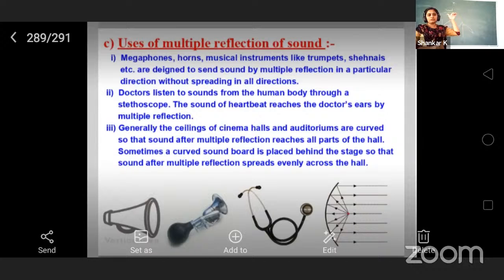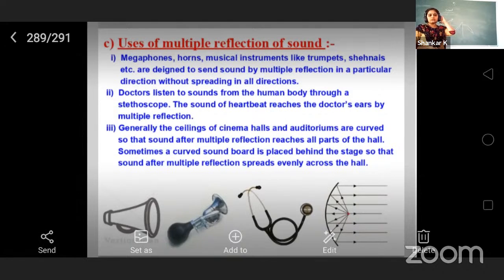What about those sitting in the balcony or other places? They can't hear. That's why they use these reflection sound materials in the cinema theater also. It should reach all the halls which are there in the cinema theater.